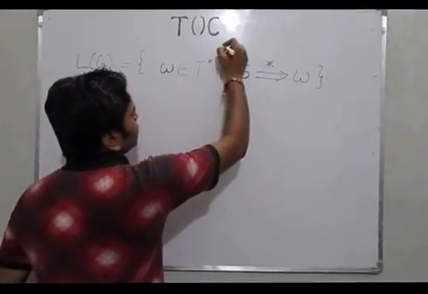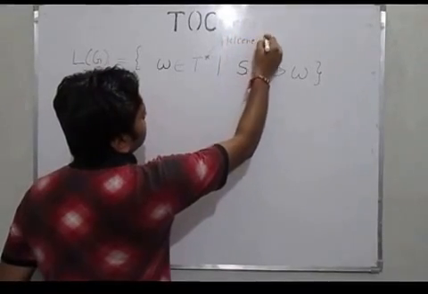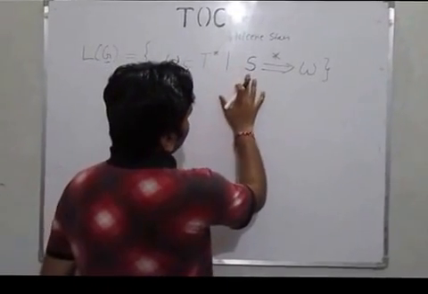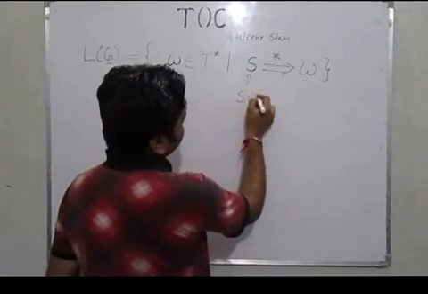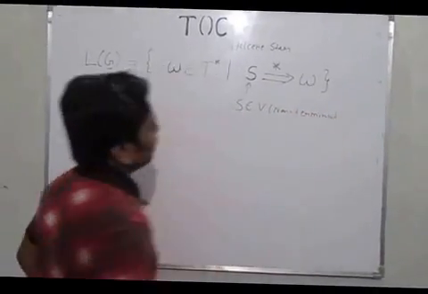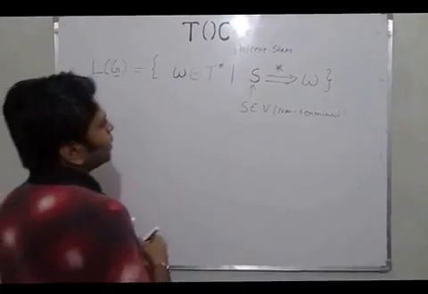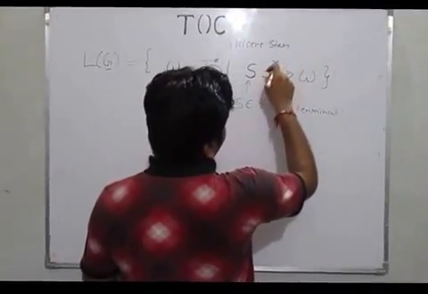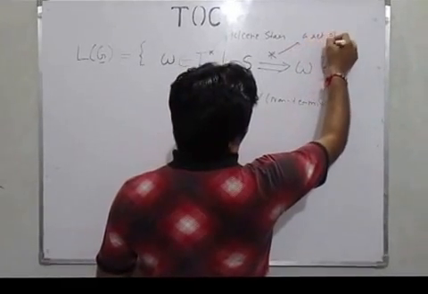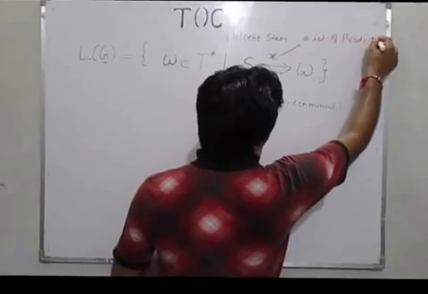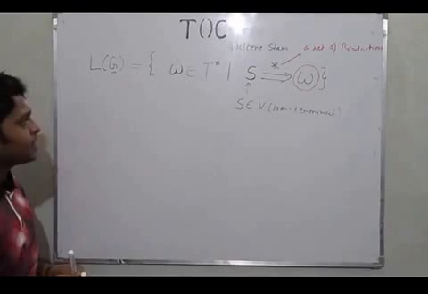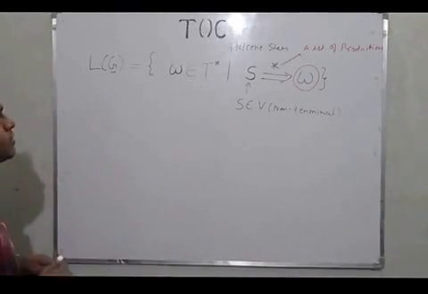This star is basically the Kleene star. And how does it become possible to generate a string? We always start with some start symbol which belongs to variables, that is, a non-terminal. And this star over the arrow represents using a set of productions, that is rules, we derive a string.